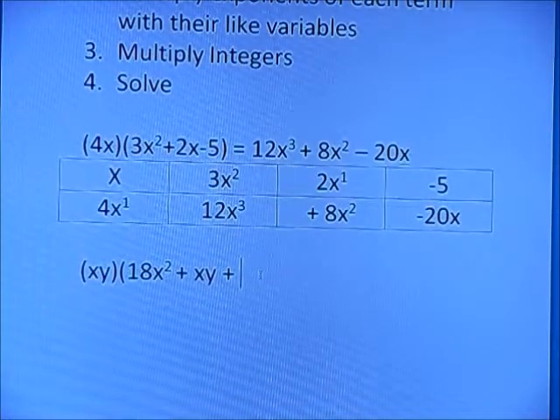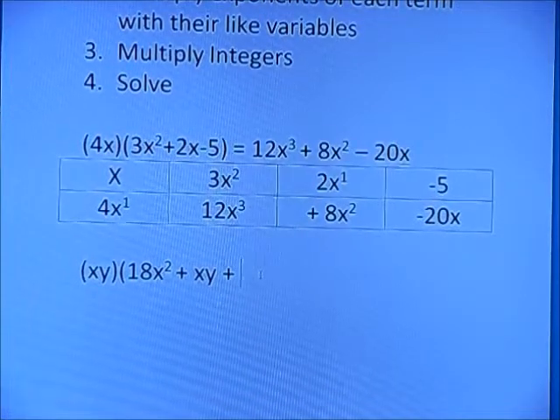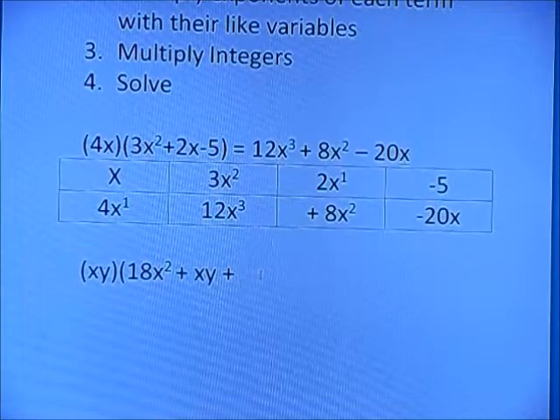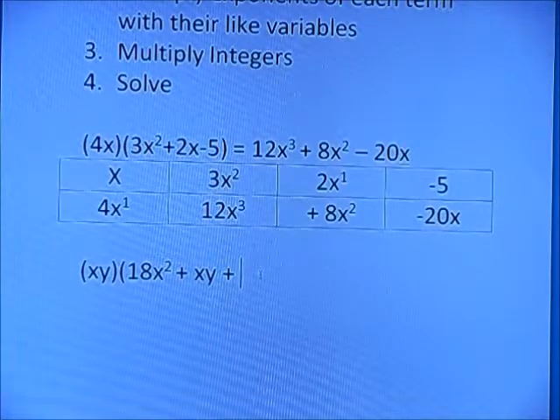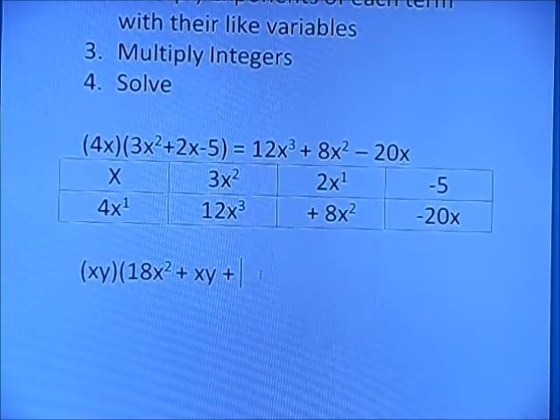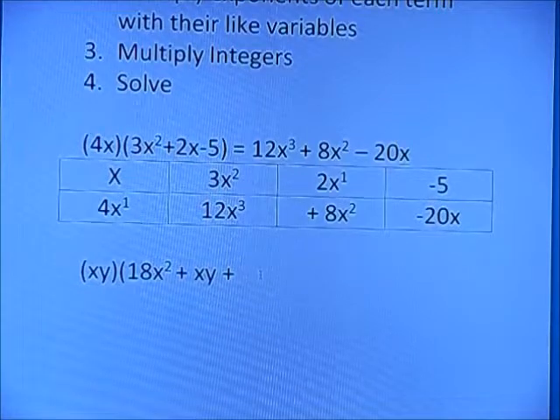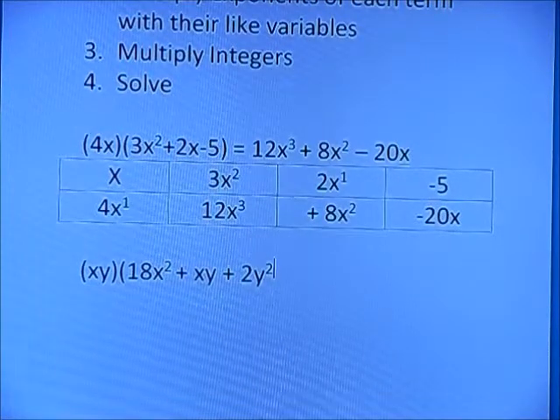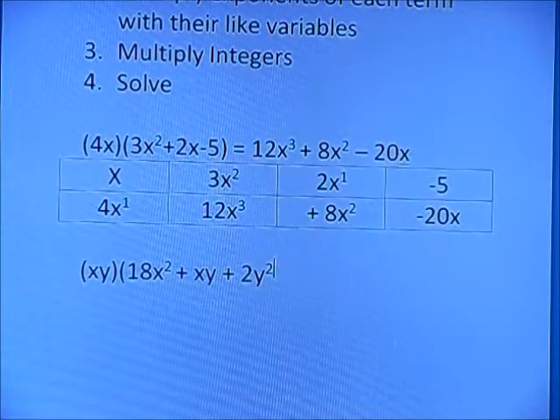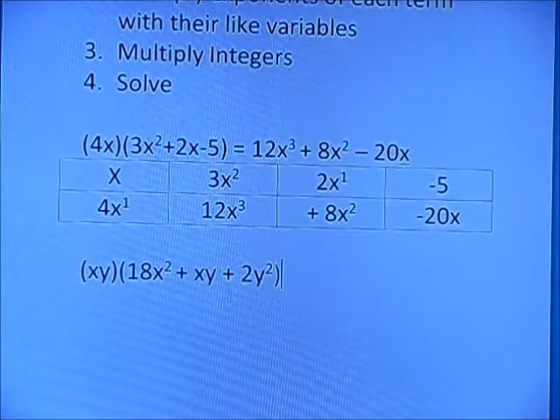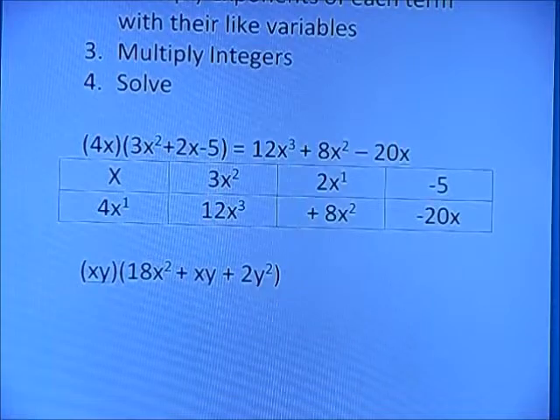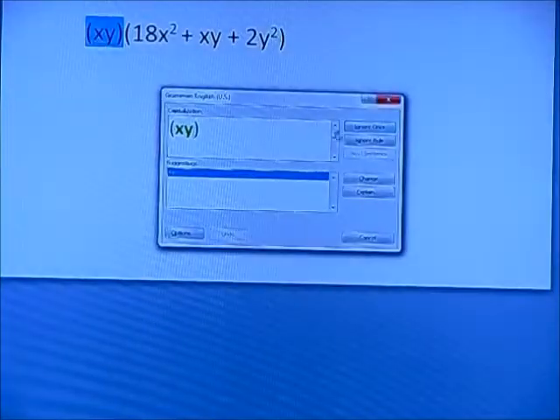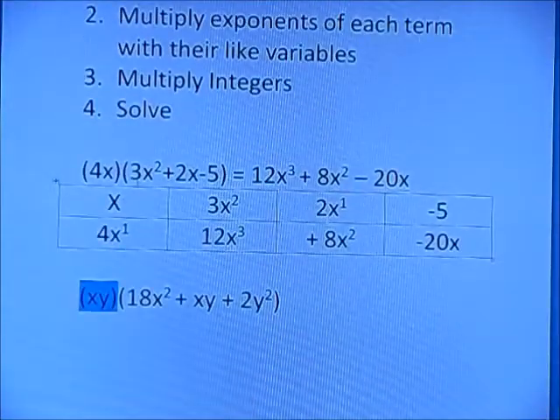Sorry, stupid spell check, being a pain. So xy times 18x squared, xy plus 2y squared. So we're going to do the same thing here.